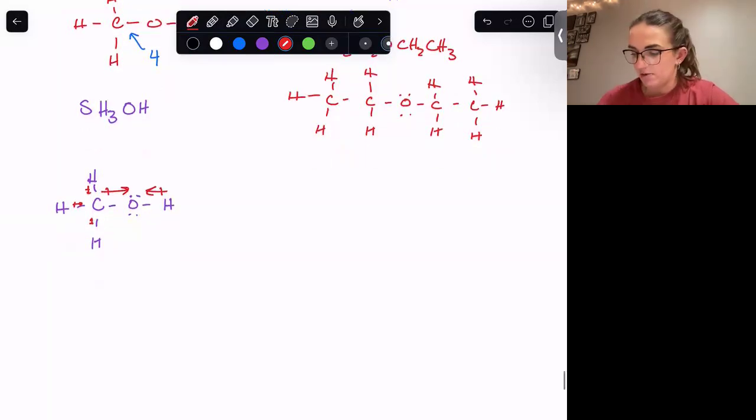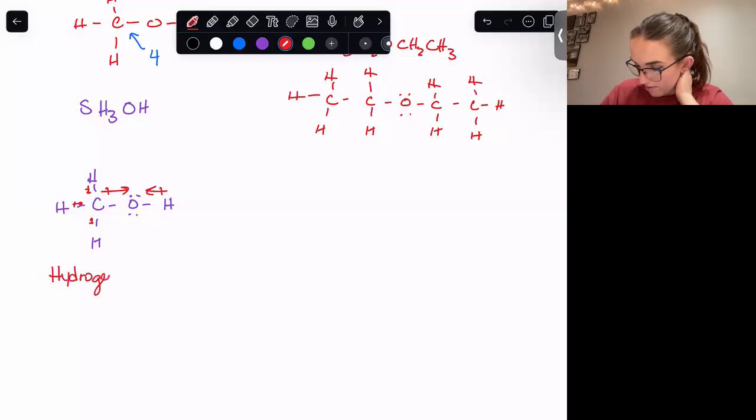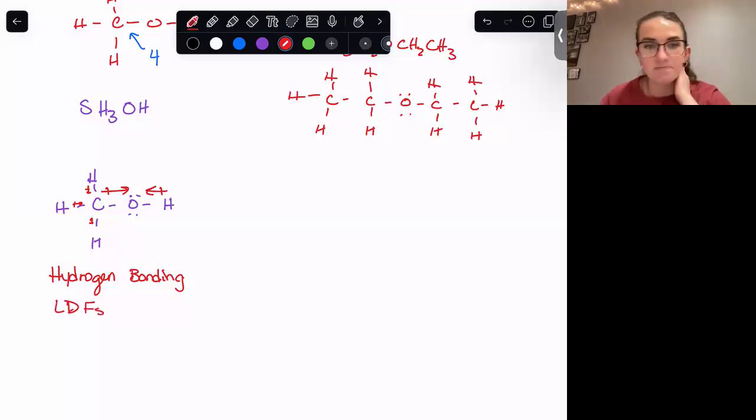What type of bonding do we have with methanol? Like what intermolecular forces do we have? Yep, we have hydrogen bonding. What else do we have? We have dispersion. Good, and we have dipole-dipole.